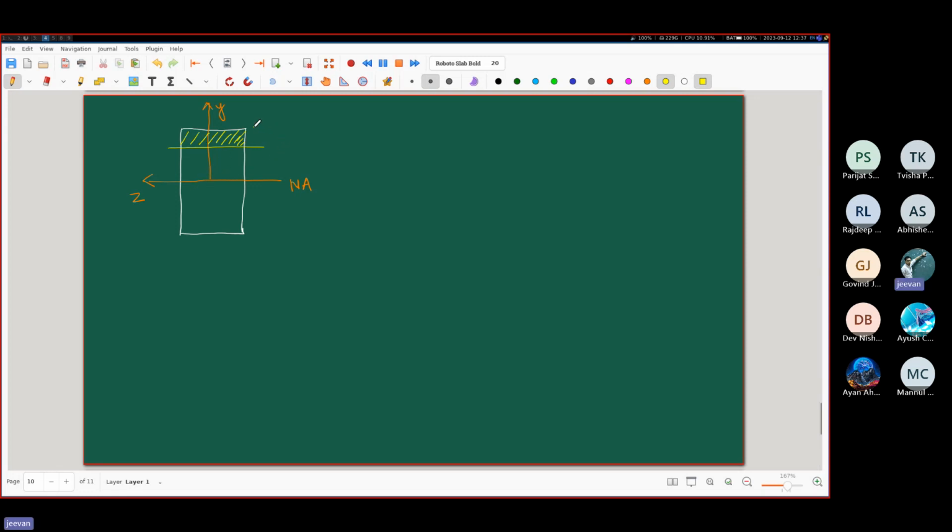If you know the thickness of this, maybe something like H1, and maybe this entire height is H, you can go about finding the Q for that. And I had already mentioned to a few of you that you can find the Q for this, so this one will have a certain Q value. But equivalently, you can find out the Q for the bottom part also, for the rest of the cross section.